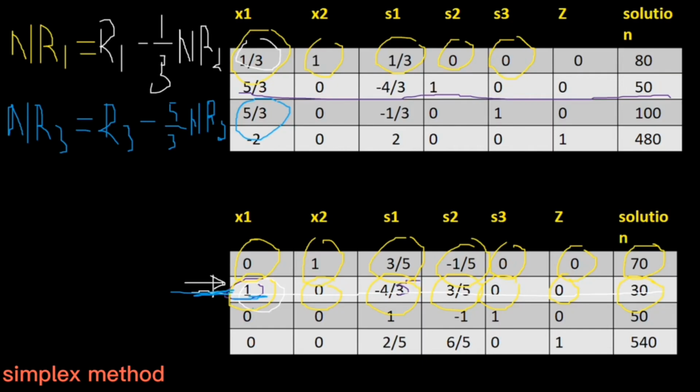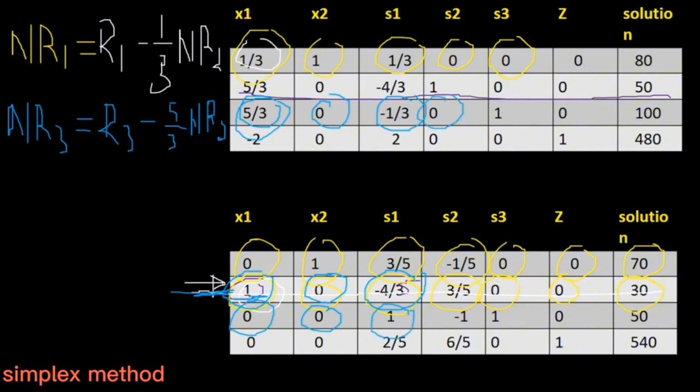We are at row 3. Like this: 5/3 minus 5/3 of this one, we are going to have 0. 0 minus 5/3 of 0, we are going to have 0. Negative 1/3 minus 5/3 times negative 4/5, we are going to have 1/3... 0.